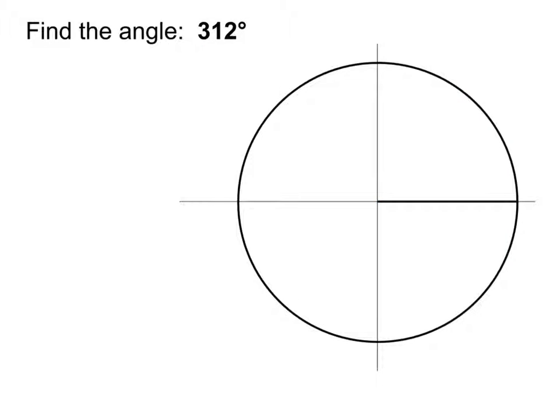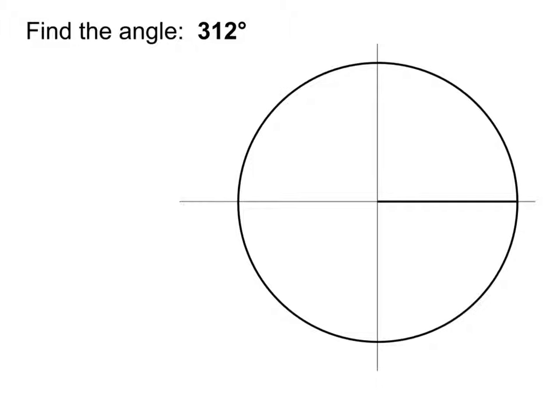All right, and then this is the last one we're going to be doing together here. Where would the angle 312 be? Visualize that, please. And for this one, which quadrant would that be in? Fourth. Yep, that's the fourth quadrant. So we know it's going to be somewhere down here.